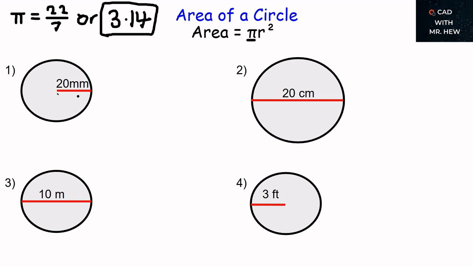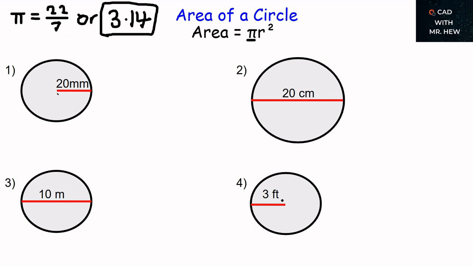In that video, I had the first triangle in millimeters, then centimeters, then meters. So for questions 1, 2, and 3, the units of measurement are metric. For question 4, as in the previous video, we're using the imperial unit of measurement, and the unit that we're using in today's class is feet.